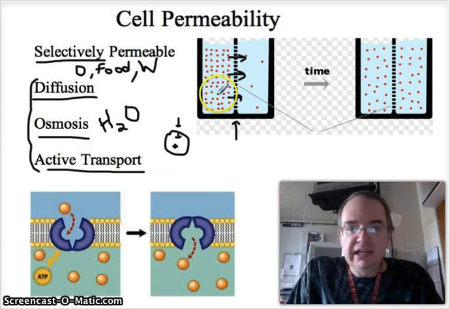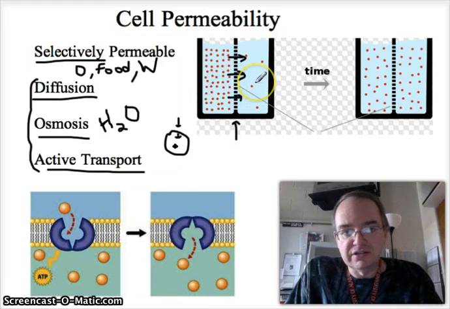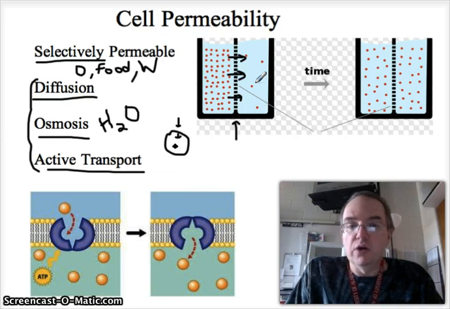It doesn't take any energy for this oxygen or water to go from outside the cell to inside the cell. It's just a natural process. But what happens if you have one side and you have this little dot of whatever this is that needs to get over here?